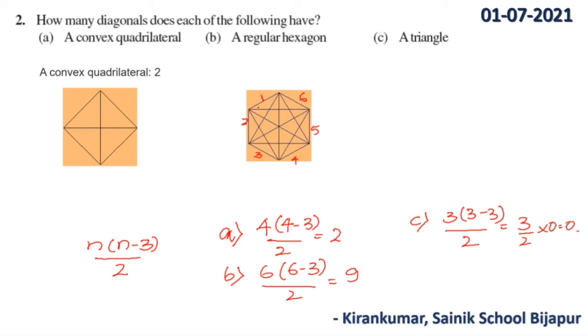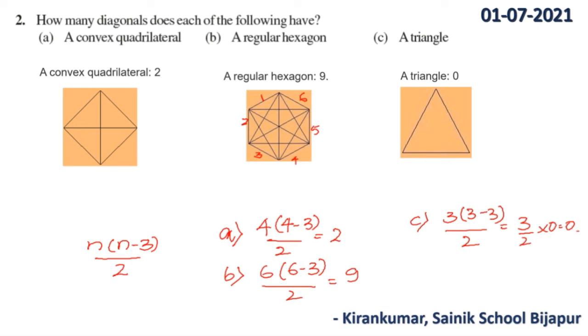Now count the number of diagonals. So in a regular hexagon, there will be 9 diagonals. In a triangle, there is no non-consecutive vertex, so no diagonal is formed, or we can say the number of diagonals is 0.